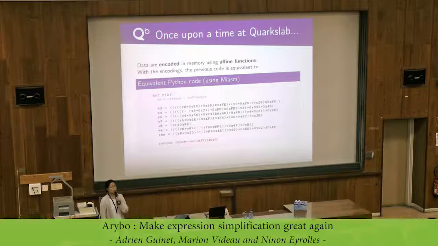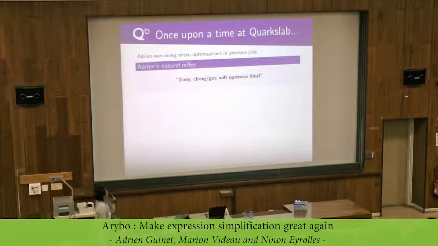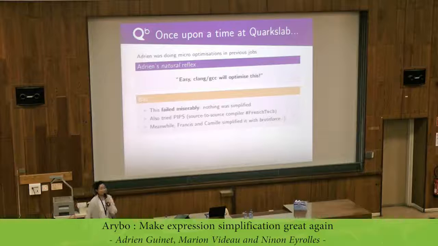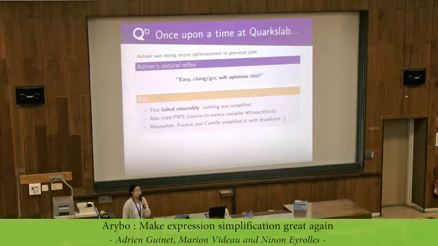either you are working in cryptography and you are wondering if this is some part of a cryptographic algorithm, or you are working with optimizations because you are interested in compilation, and you say, okay, easy, the compiler will simplify that. And in fact, it's neither cryptography nor simplification. It's something we don't know.